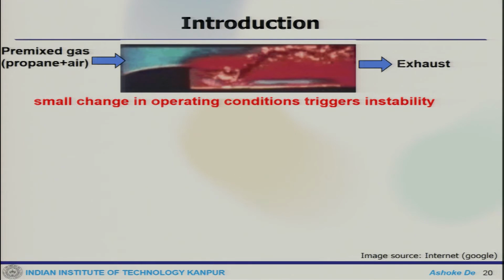Any of these small changes in the operating condition would lead to an unstable condition, or rather one can say that it triggers the instability, and you can see there is a huge difference in the flame structure. Previously it was a nice stable structure, now you see this is quite an unstable structure. And how does it happen?